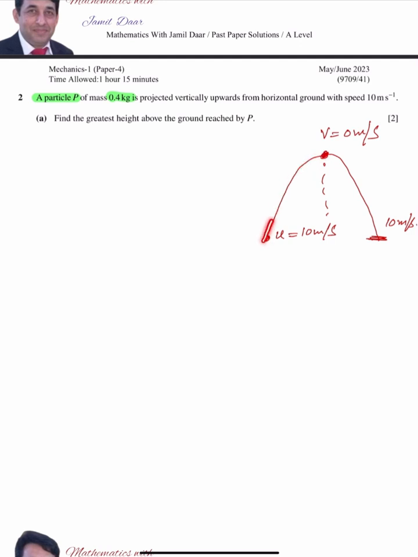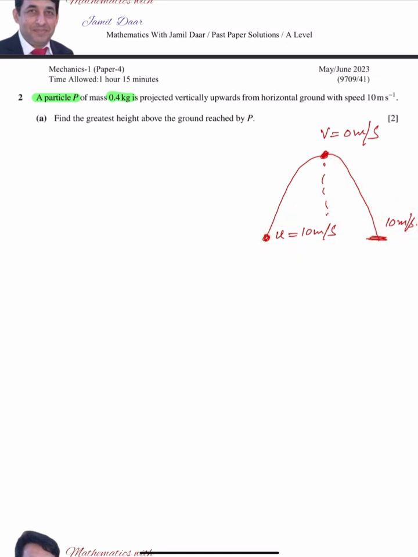It will gradually slow down due to the gravitational force, and at the top, at the greatest height, its velocity will become 0, and again when it goes back to the ground, it will hit the ground with the same velocity it was projected with.